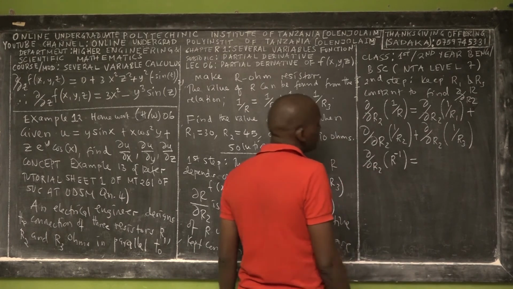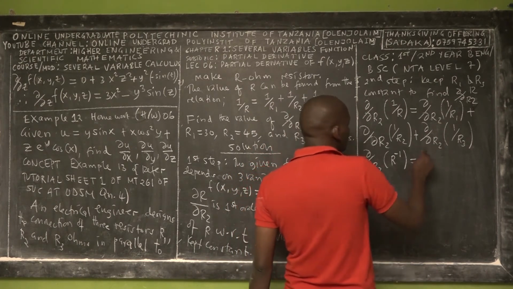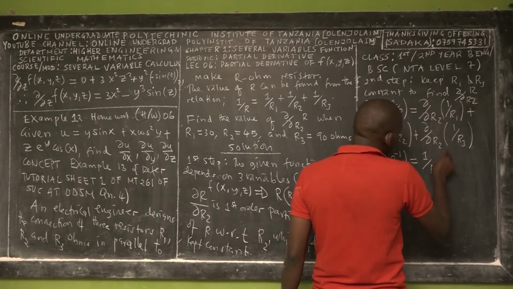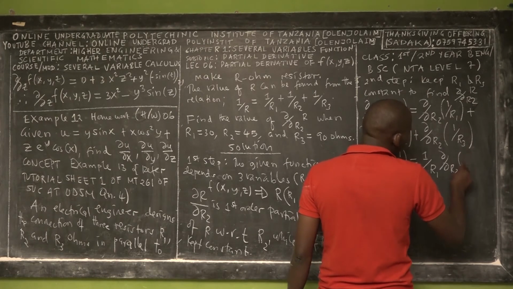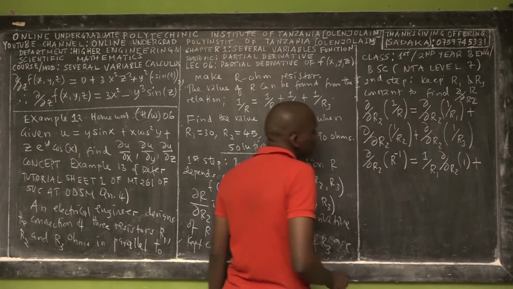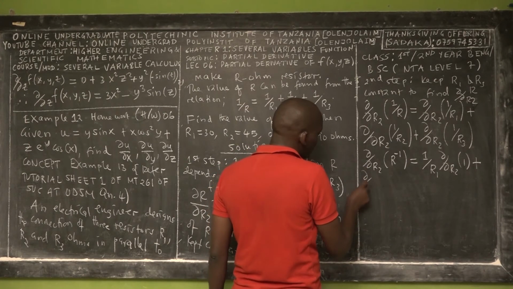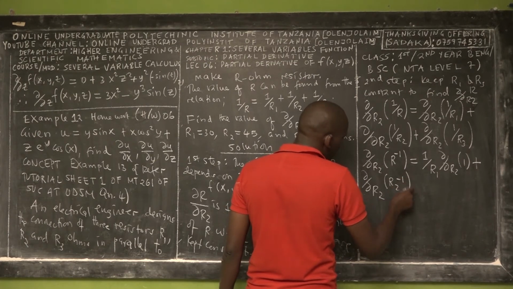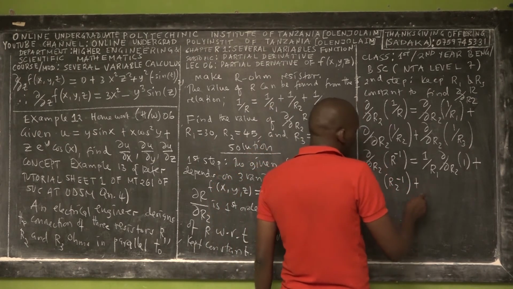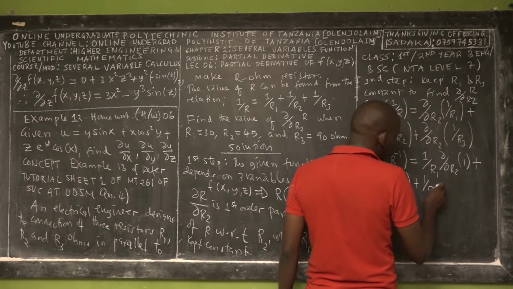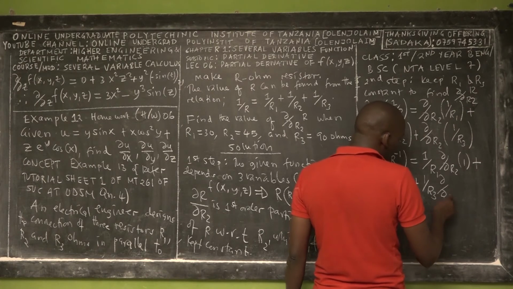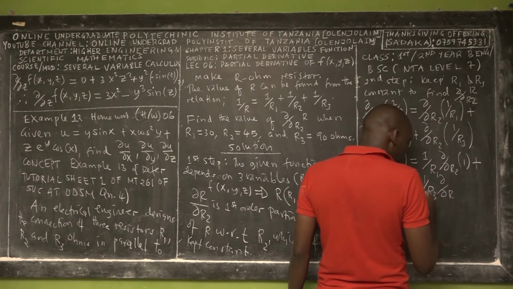On the right-hand side, we have kept R1 constant, so we take it outside of the derivative: 1 over R1 times the partial derivative with respect to R2 of 1, plus the partial derivative with respect to R2 of R2 to the power negative 1, plus, since we have kept R3 constant, we take it out: 1 over R3 times the partial derivative of 1 with respect to R2.